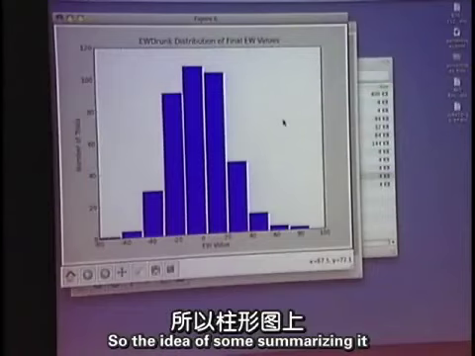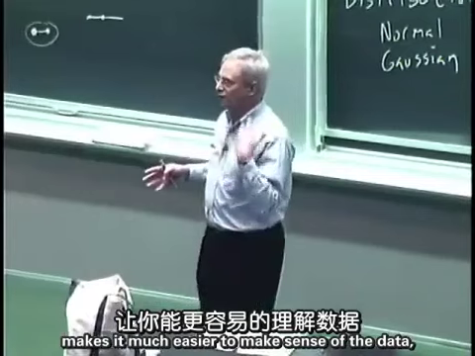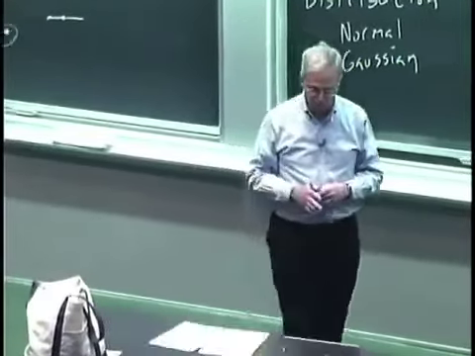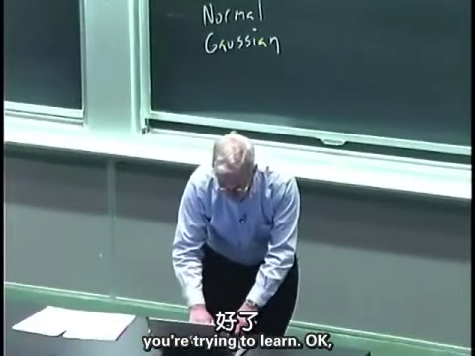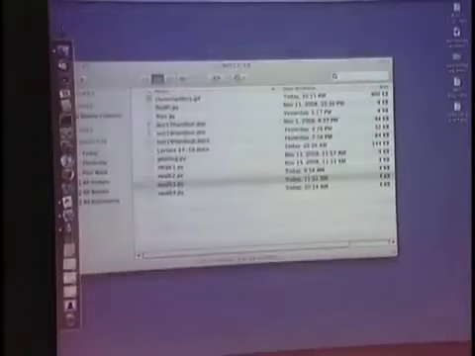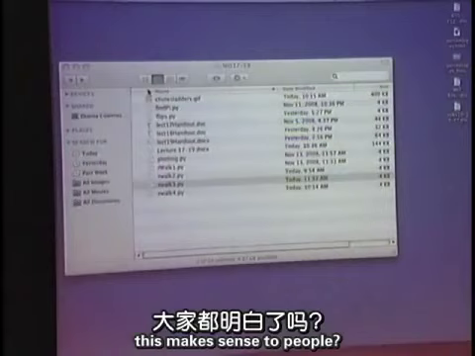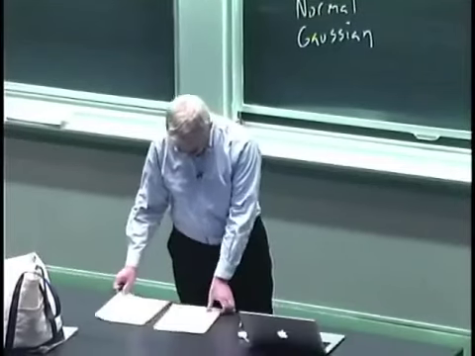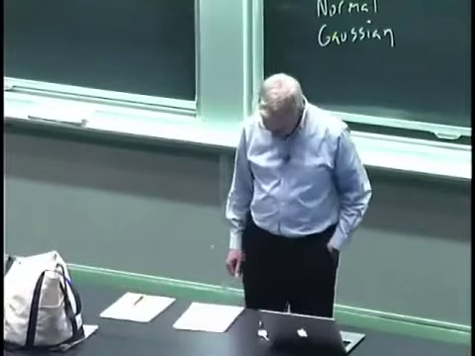So the idea of summarizing it in the histogram makes it much easier to make sense of the data and see what you're doing and try to learn the lesson you're trying to learn. Okay, does this make sense to people? All right, let's move on.